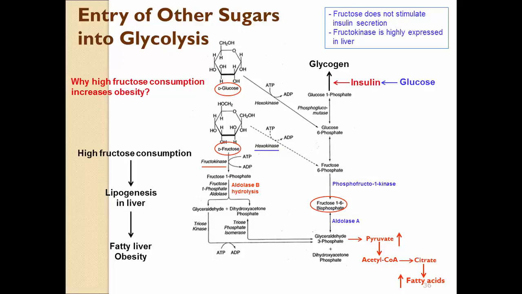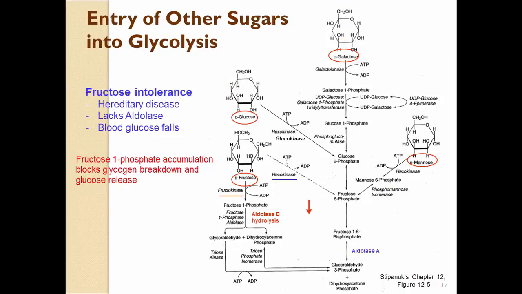All right. The other disease related to fructose metabolism is called fructose intolerance, which is a hereditary disease. The reason for fructose intolerance is that the patient lacks aldolase B, more precisely, aldolase B deficiency.